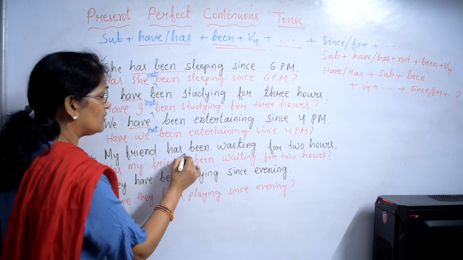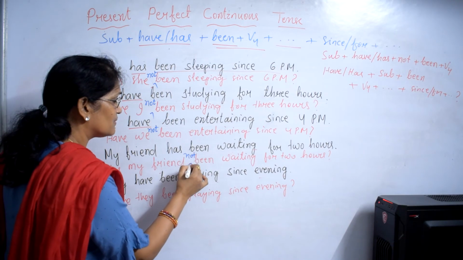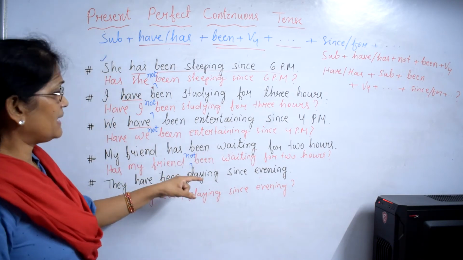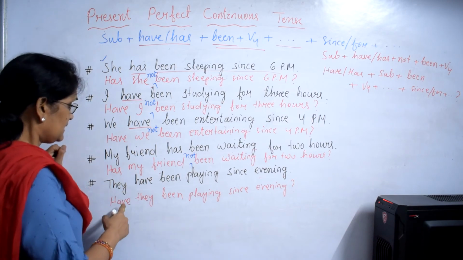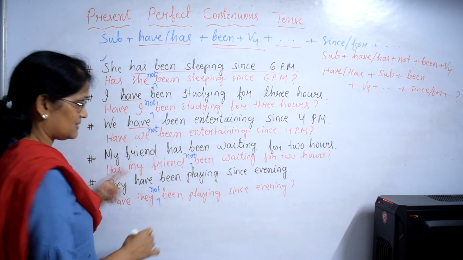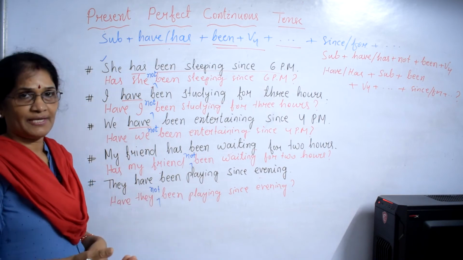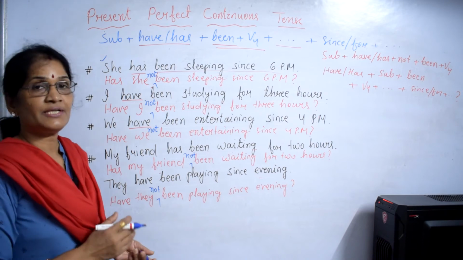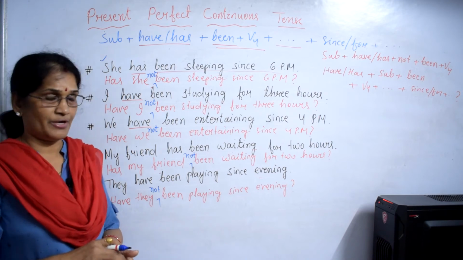Has my friend not been waiting for 2 hours? They have been playing since evening. Have they not been playing since evening? Okay? In such a way, we can change the sentence into negative and interrogative.